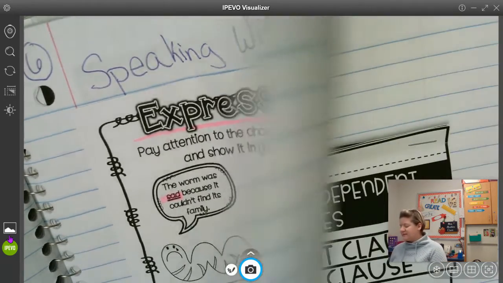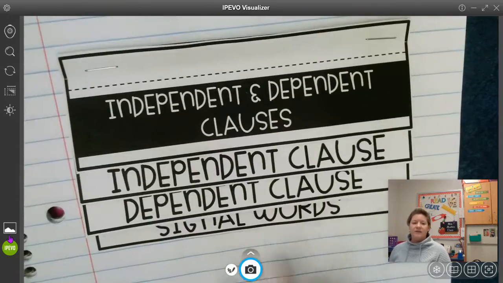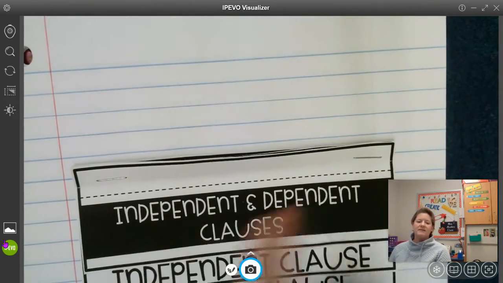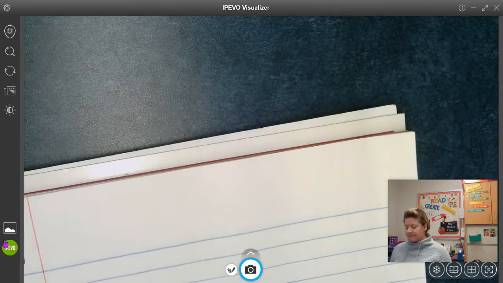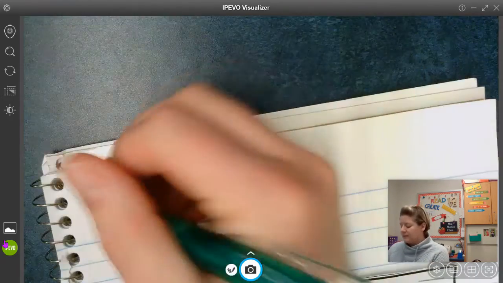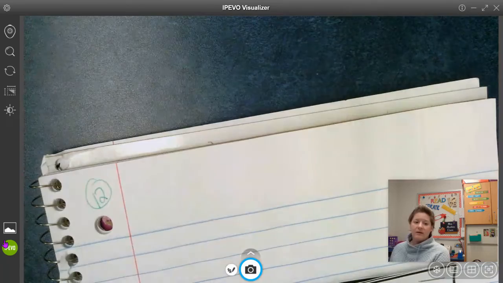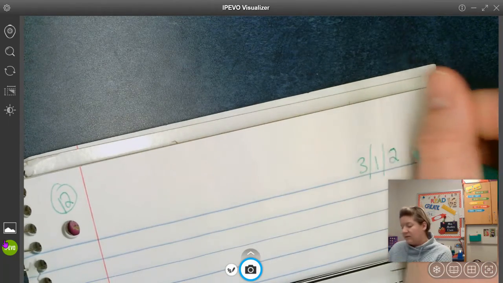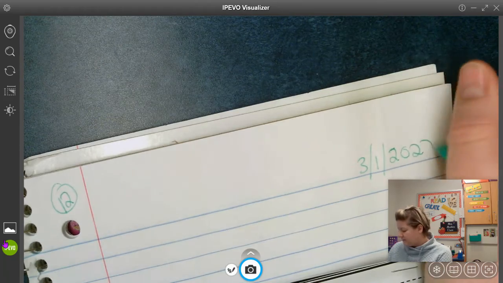So we glued this little flipped activity in our book at school. Let's go ahead and put our heading on. We don't really need too big of a heading since it's already on here, but we do need our page number. Let's go ahead and put the date. Can you believe it's March? Isn't that crazy?